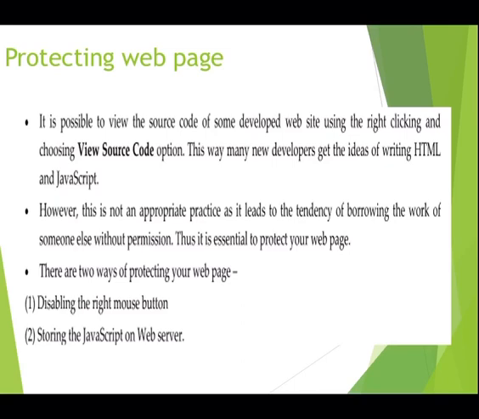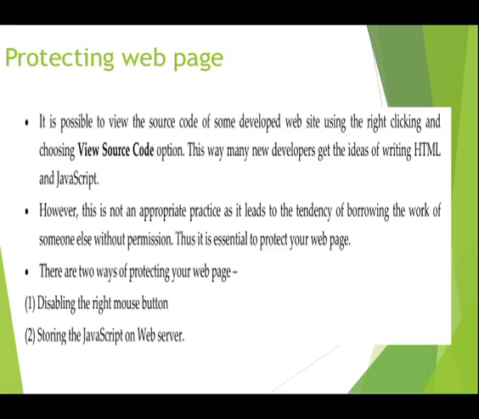So how can you protect your web page and how can you hide this JavaScript code? There are two ways you can protect your web page, or rather your JavaScript code. First, you can disable your right mouse button, so that if anyone right clicks, nothing happens and an alert box will be displayed.